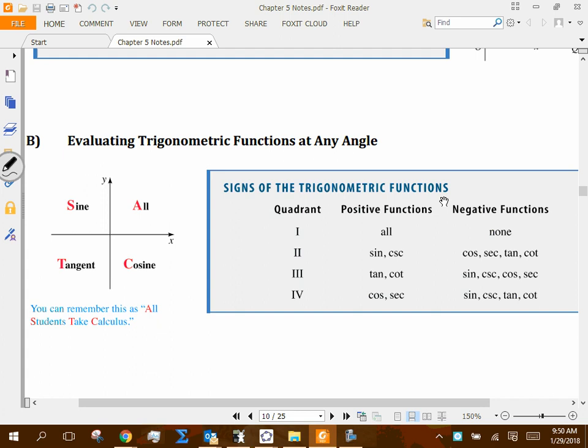And then once you learn about those, should be true about their reciprocal, right? If I have cosine equal to negative 1/2, well, wouldn't secant be equal to negative 2? So whatever the sign of cosine is, its reciprocal is the same sign. And whatever the sign of sine is, its reciprocal is the same sign.